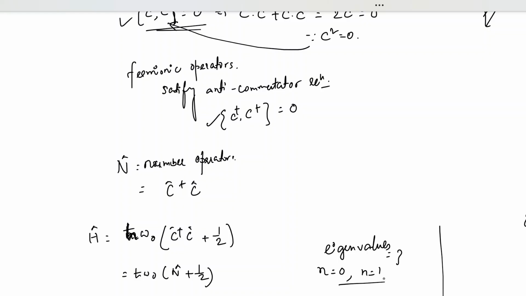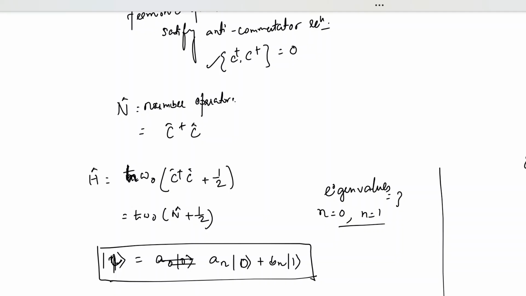So if these are the two eigenbases, then you can write down your actual state as a linear combination of both. So let's say psi n can be written down as a n times 0 plus b n times 1, a linear combination of the basis states 0 and 1, where a n and b n are the coefficients.